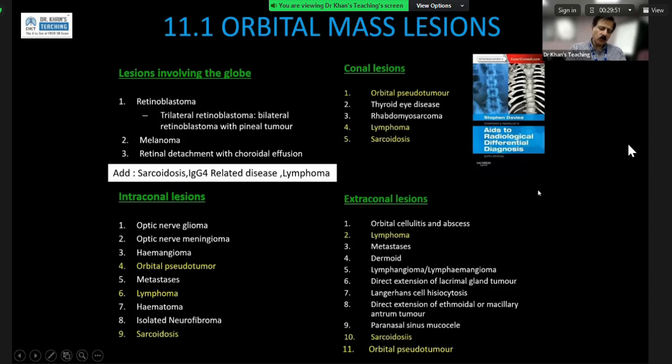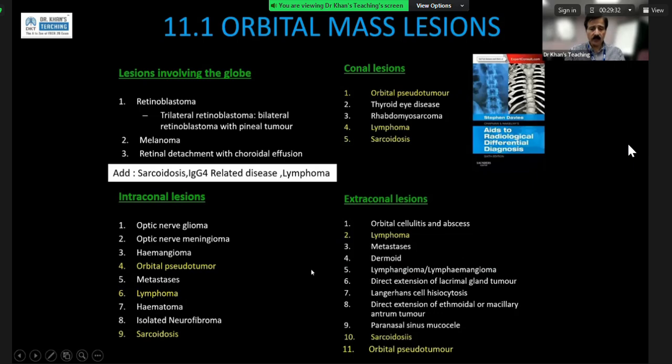Now, the differential diagnosis in your previous Chapman was given in 1 page, which also gives you a global view. In the current Chapman, you will see that each heading is a different heading because there is too much under all of this.